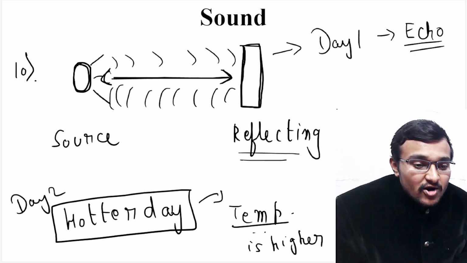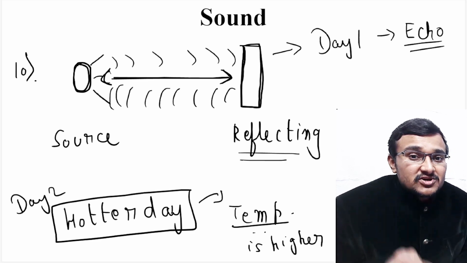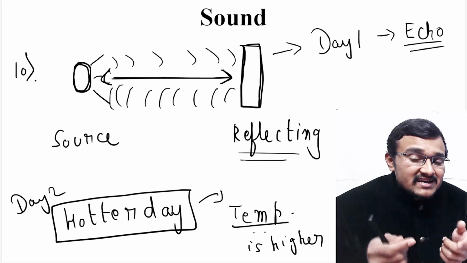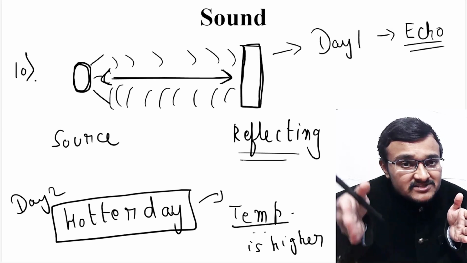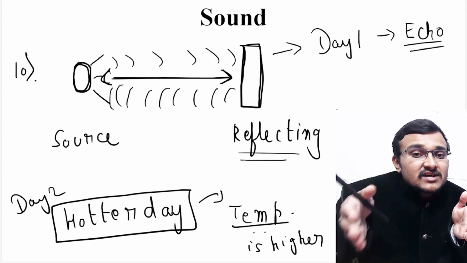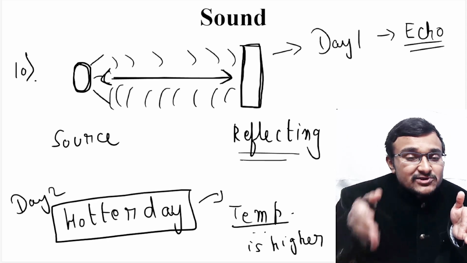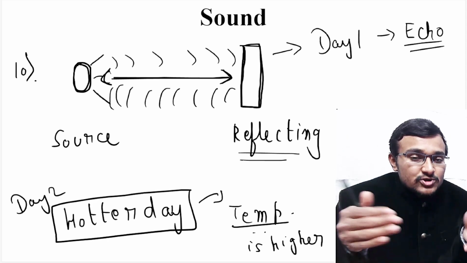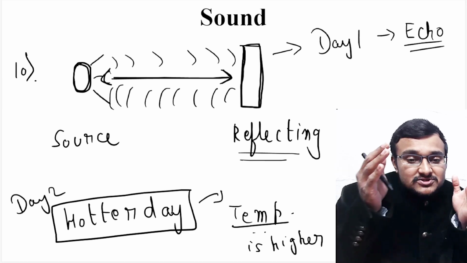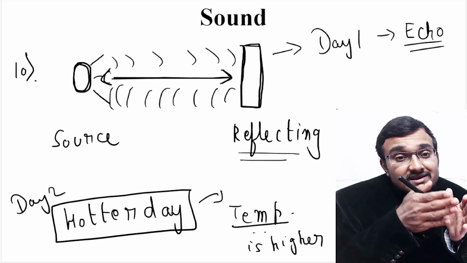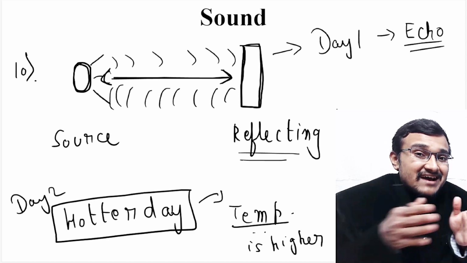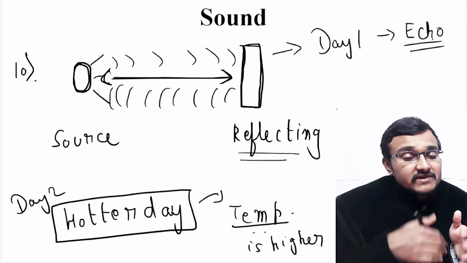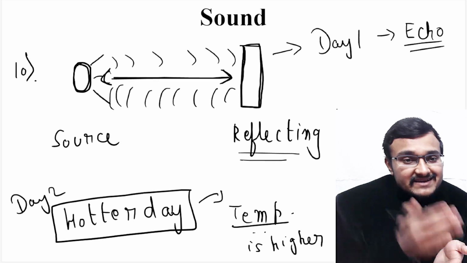That means on day 2 it is not possible to hear the echo, because on day 1 the echo was heard only as the reflecting surface was kept exactly at the minimum distance. On day 2, because the temperature increased due to the hotter day, the sound took less time to reach back to the source, as it traveled faster than day 1.